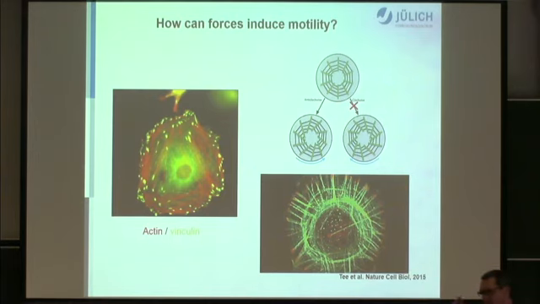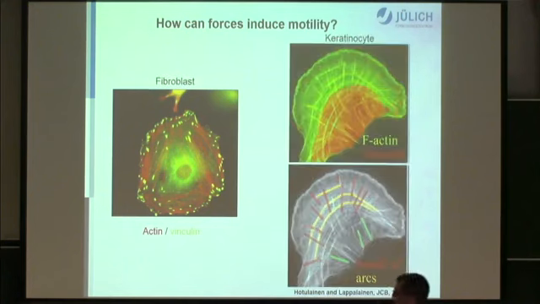But the important thing is this system differs very much from a sessile cell simply because the actin stress fibers are not connected on both ends via focal adhesions. And this is what you actually also have in a migrating keratinocyte.